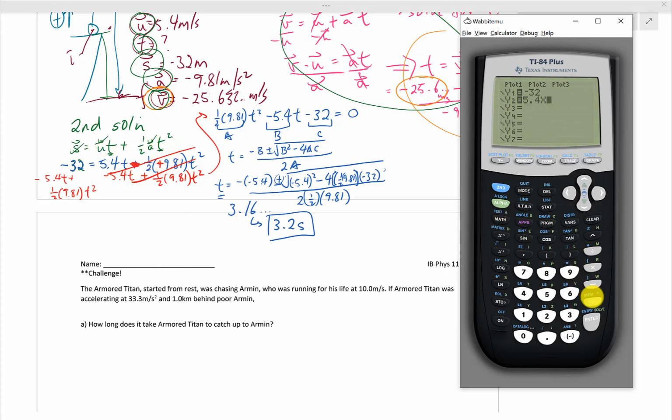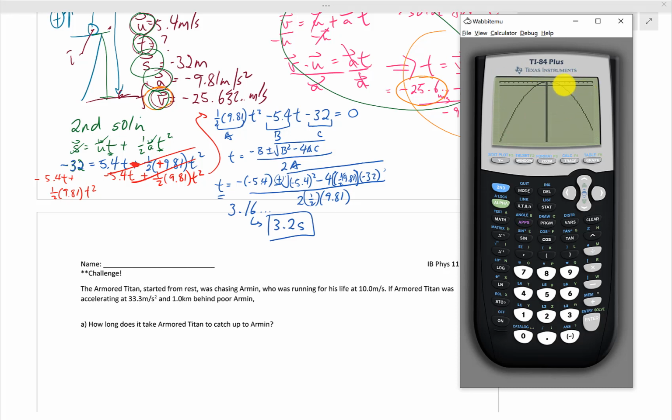I'm going to use this side, which is minus 1/2 times 9.81, and my t I used as x squared. So I got two equations, and I'm just going to quickly do a zoom fit to make sure I can see both lines on my graph.